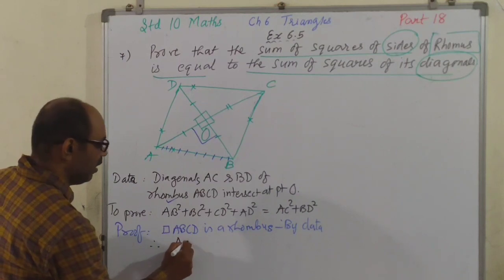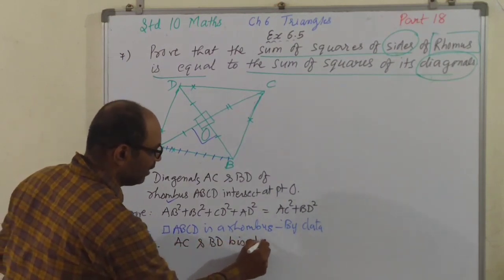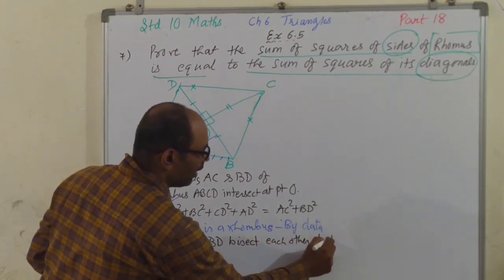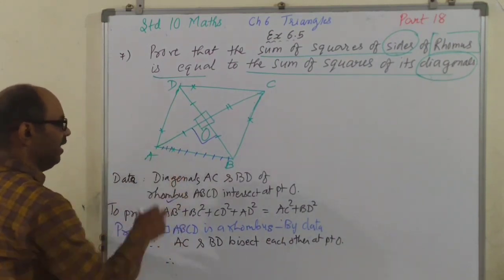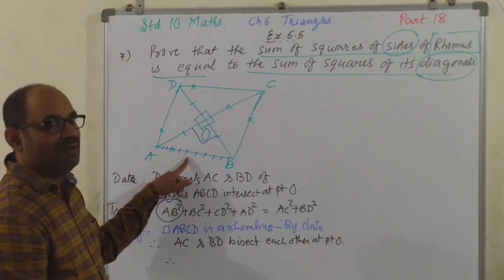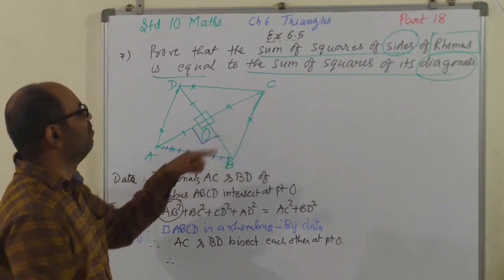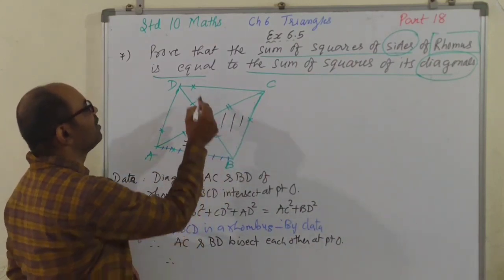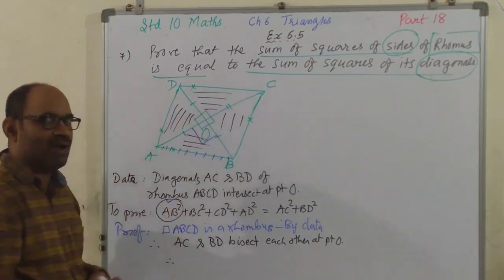Therefore, AC and BD bisect each other at point O. Therefore, see, AB square you will get from triangle ABO. BC square, same way, you will get from this triangle. CD square you will get from this triangle. And AD square you will get from this triangle.